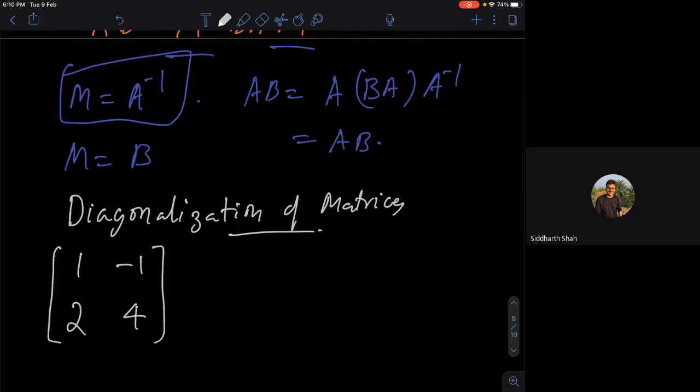This was our matrix, and do you remember its eigenvalues and eigenvectors? 2, 3. 2, 3, was it? Right. So the eigenvalues are 2 and 3, which gives me a sum of 5, and eigenvectors.